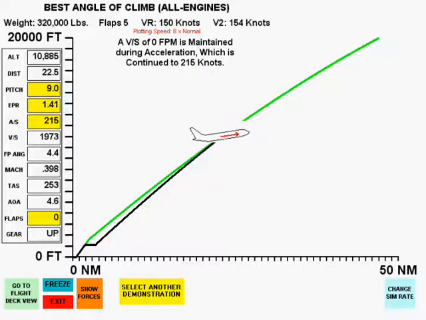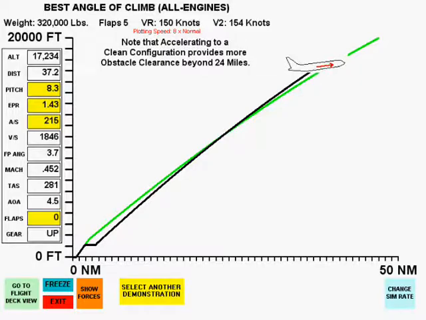Notice that as we approach 24 miles, the best rate of climb curve begins to outclimb the takeoff configuration climb. Maintaining the initial climb condition is the best method of clearing obstacles in the vicinity of the airport, but there is little difference in the two methods beyond 15 miles. Therefore, it is appropriate to accelerate to the clean configuration after close-in obstacles have been cleared.